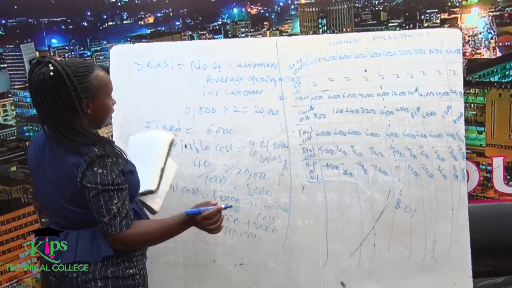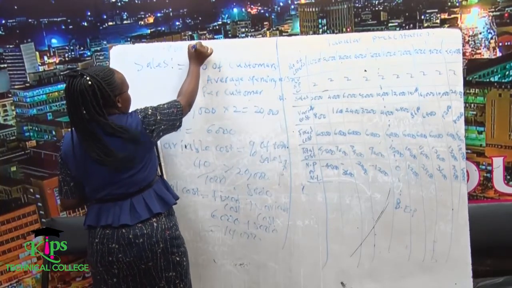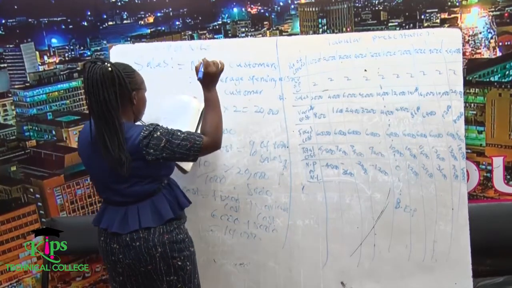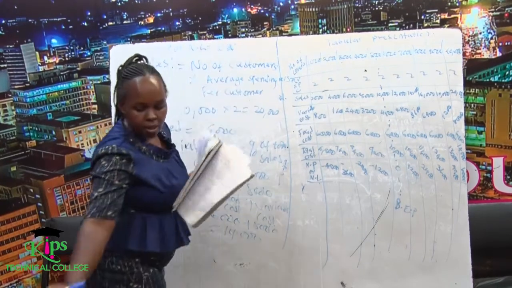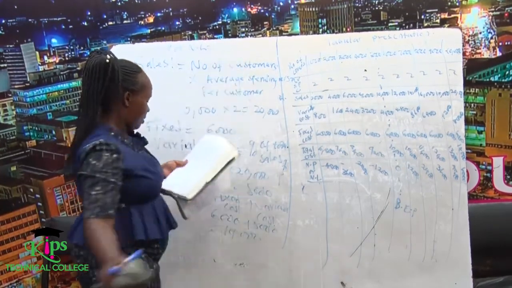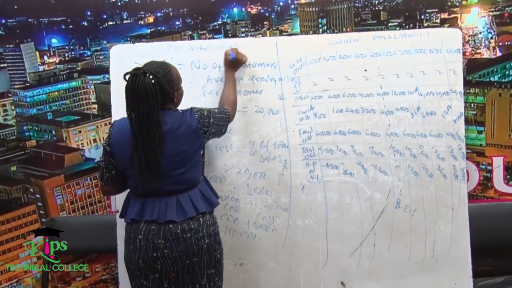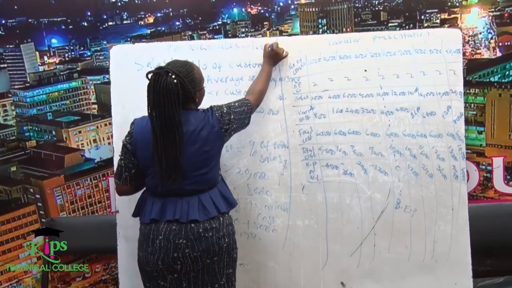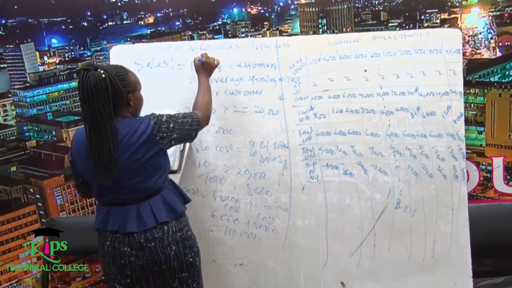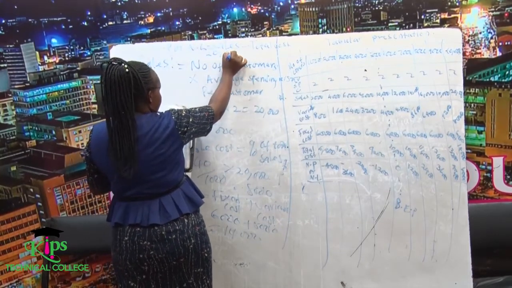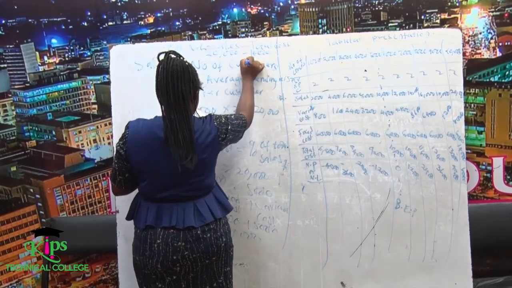And when we are calculating net profit or net loss, it will be sales minus total cost. In our case, the sale is 20,000 minus 14,000, which will give us 6,000.